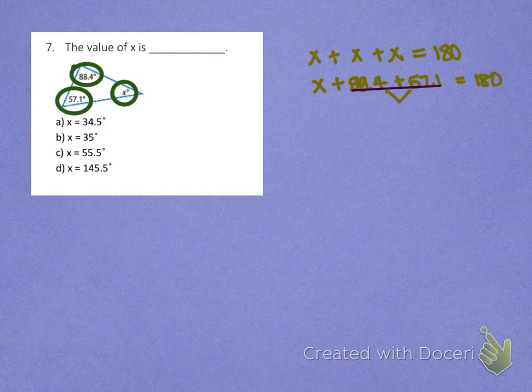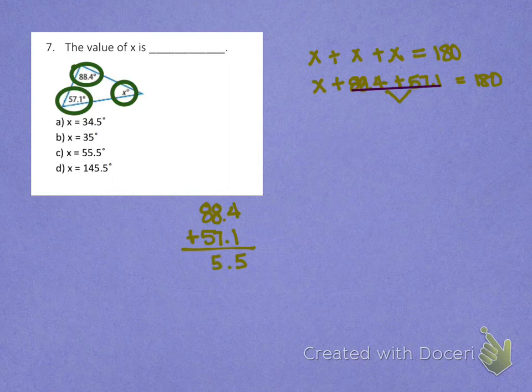So 88.4 plus 57.1. Okay, so 4 plus 1 is 5. 8 plus 7 is 15. I'll bring the decimal down. And then 8 plus 5 is 13, plus 1 is 14.